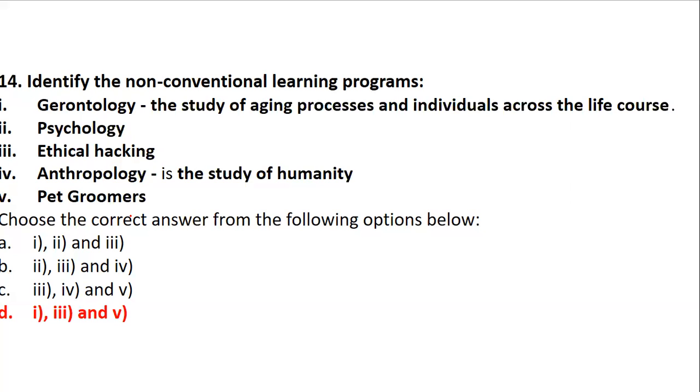It means here there is no fixed need, so go for distance education, that is the online form of education, where you can study gerontology, ethical hacking, and pet grooming. But anthropology and psychology, no, they have to be done in a traditional form, where you need to understand, interact, and attend fixed classes, right?